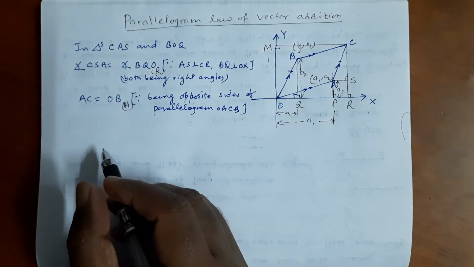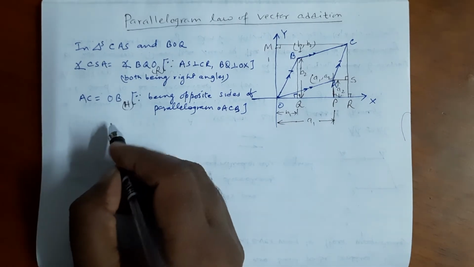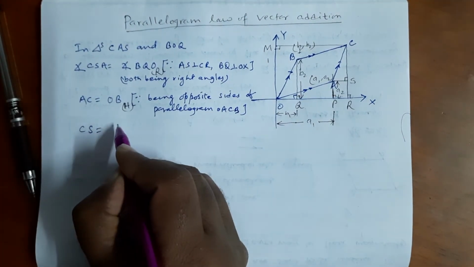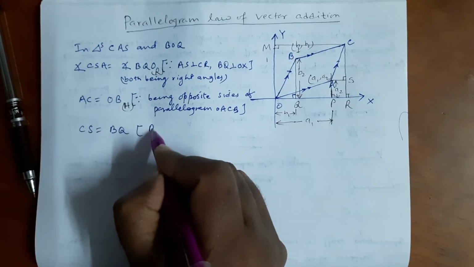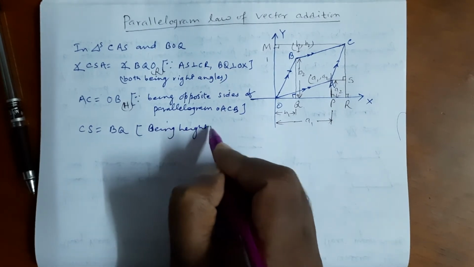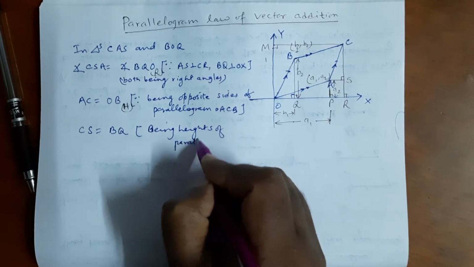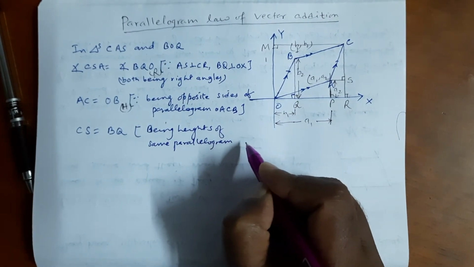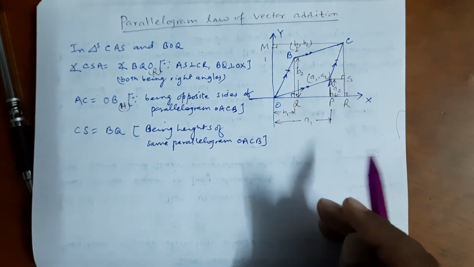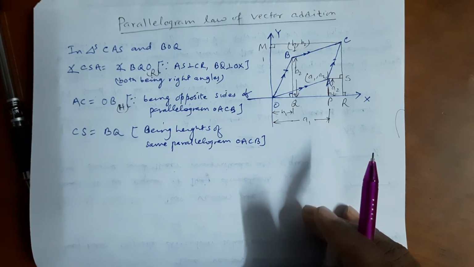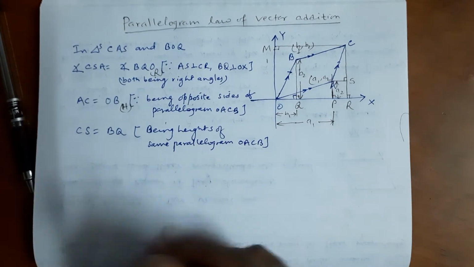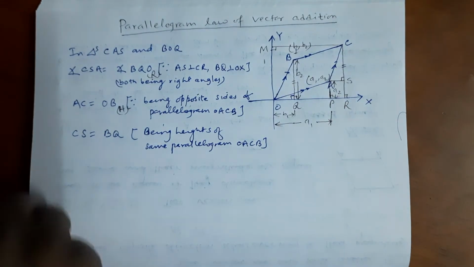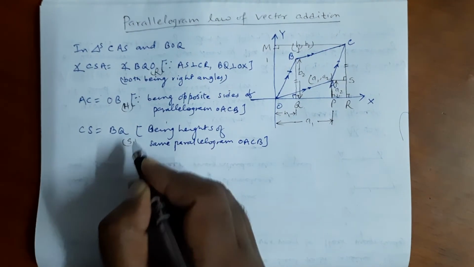Next we can write CS equals BQ, being heights of the same parallelogram OACB. The heights of the parallelogram measured anywhere will be the same. So CS equals BQ, and for this we can write S for side.